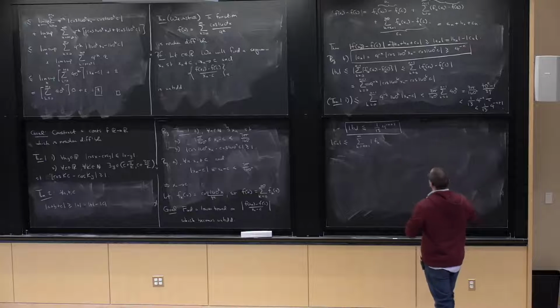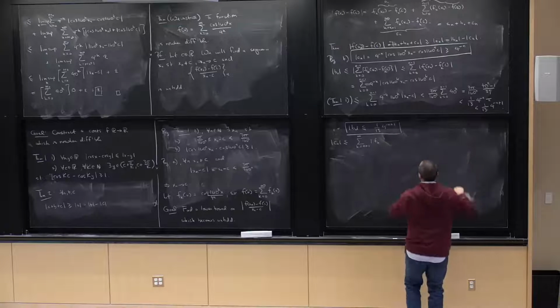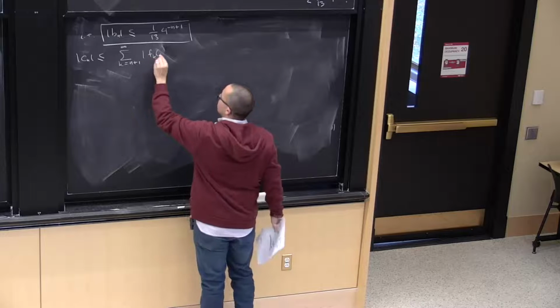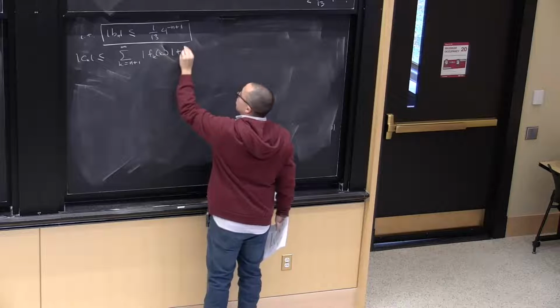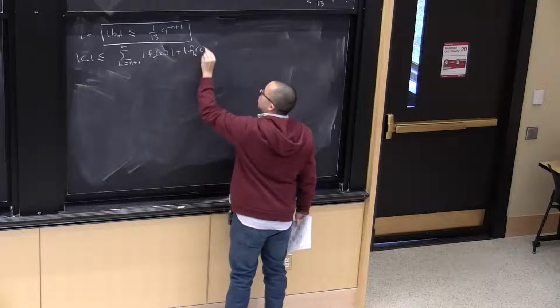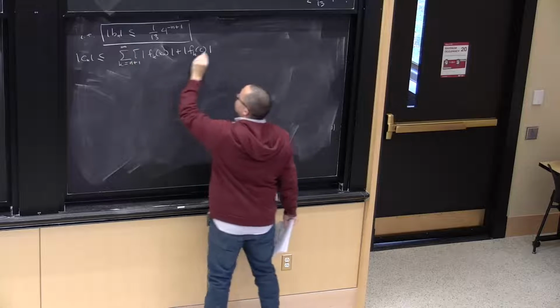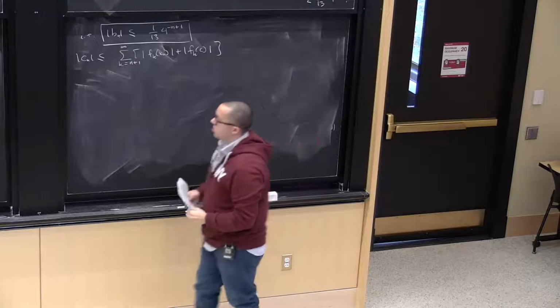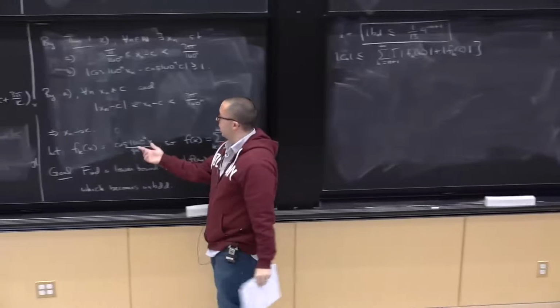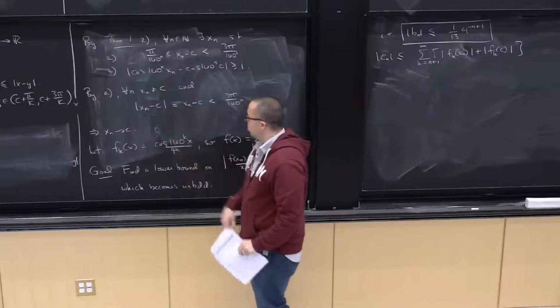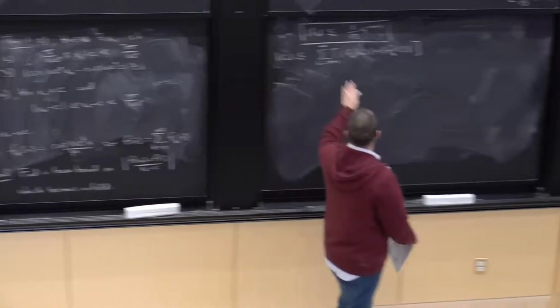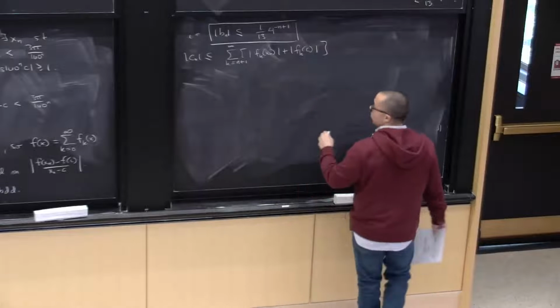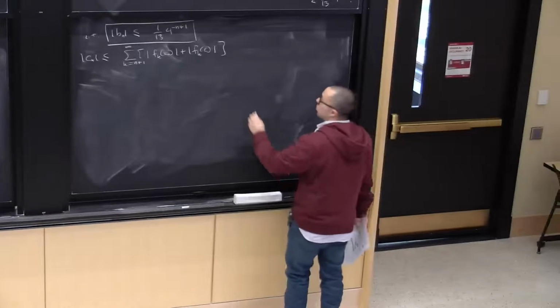And then let's use the triangle inequality on that. Remember, f_k is equal to cosine of 160k times x over 4 to the k. So no matter what you plug in, that's bounded by 1 over 4 to the k.